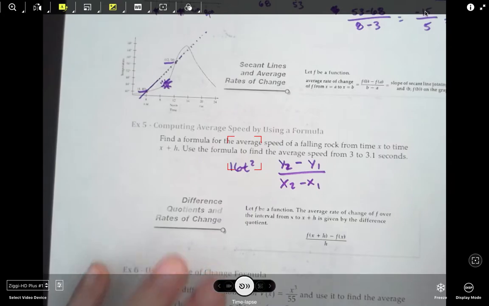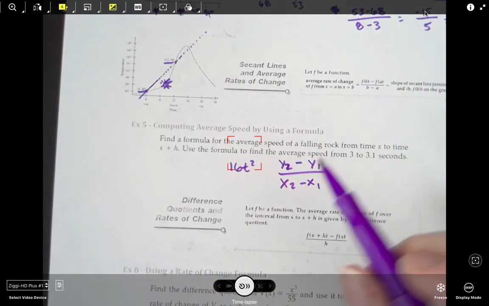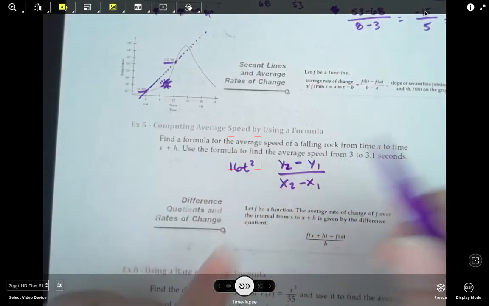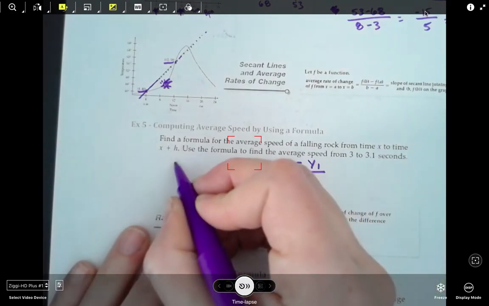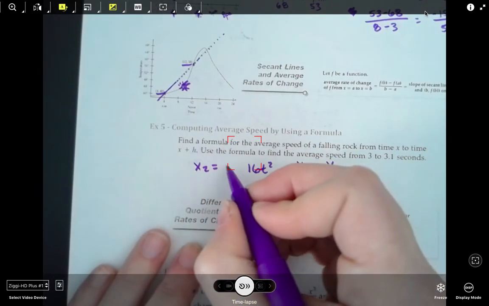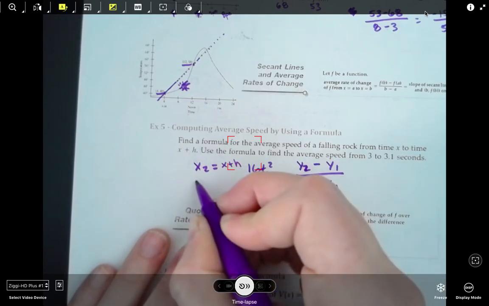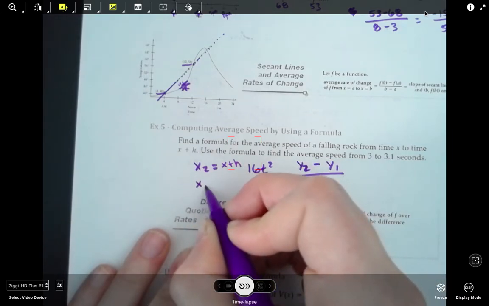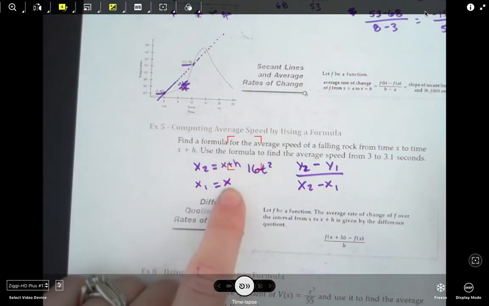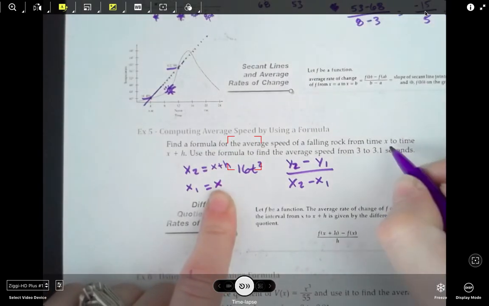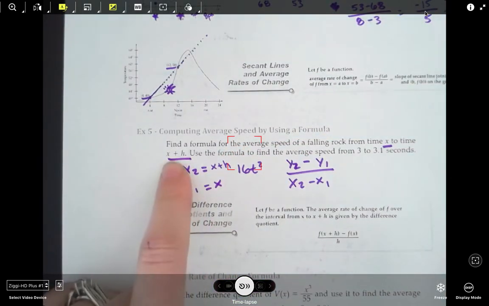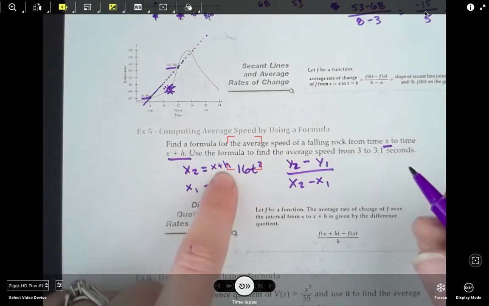This stuff's going to be a little more confusing than the above stuff. But you figure out the y coordinate. Your x2 is x plus h, and your x1 is just x, okay? They're saying from a time of x to a time of x plus h, all right? X plus h is my second coordinate.